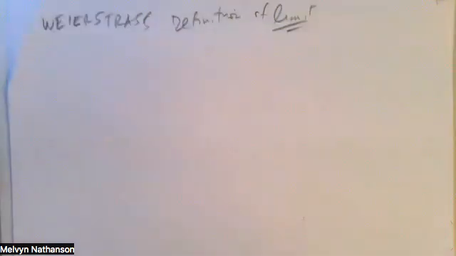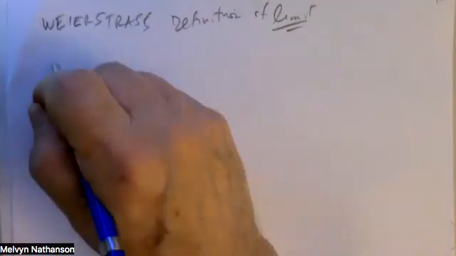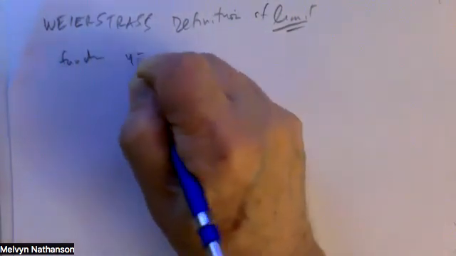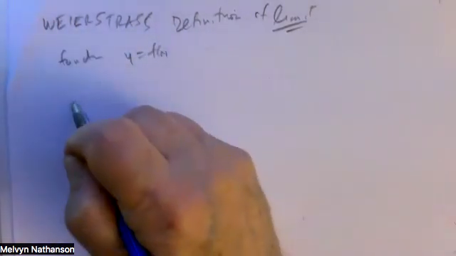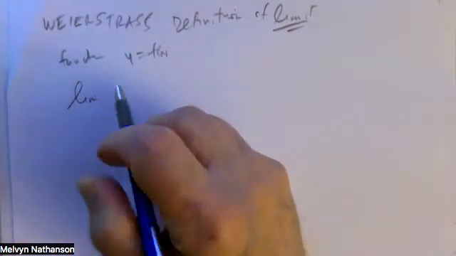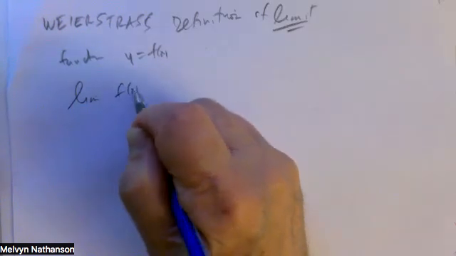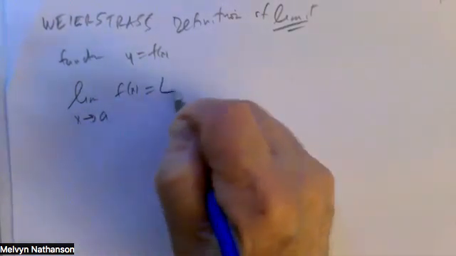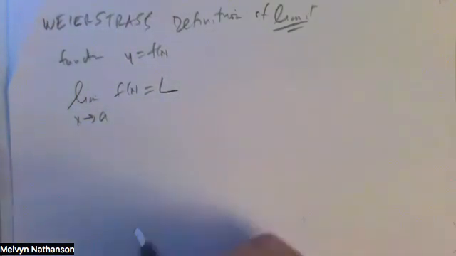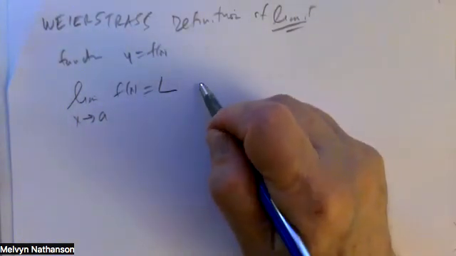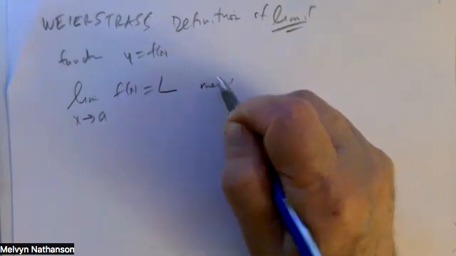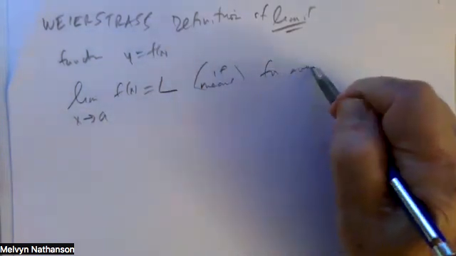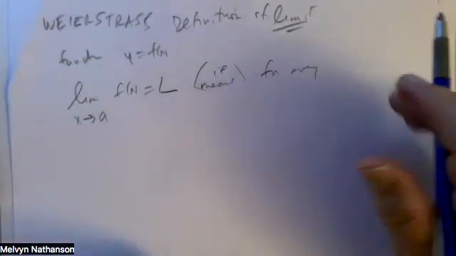We say that if we have a function y equals f of x, to say that the limit of the function f of x as x approaches the number a is equal to L means the following. So there's no hand waving in this.